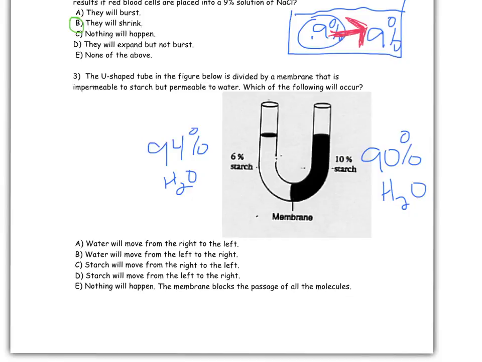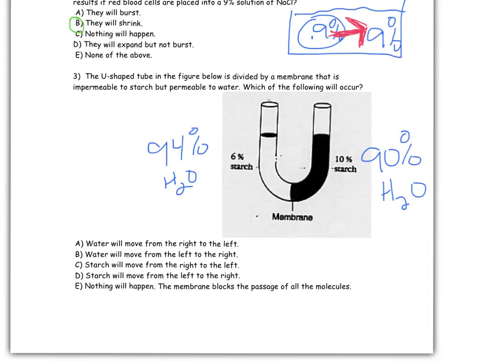Well, conditions do matter, but what matters is that it's a semi-permeable membrane. When it comes to osmosis, something can't pass through, like starch cannot go through, and water is going to move in one direction or the other. Just like the practice problems I gave you on the PowerPoint, these problems are exactly the same. Very simple, very straightforward.